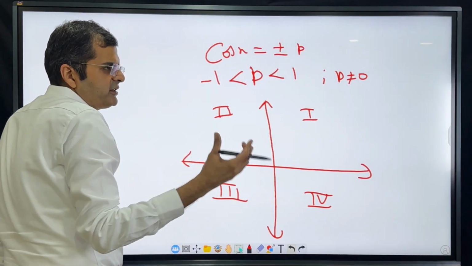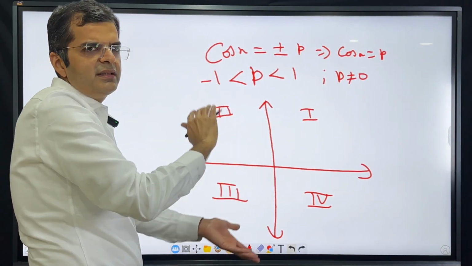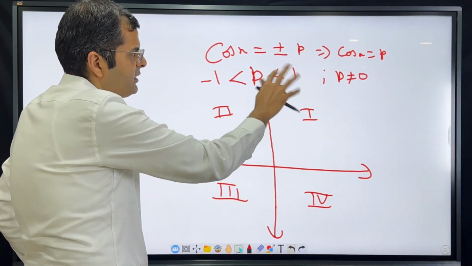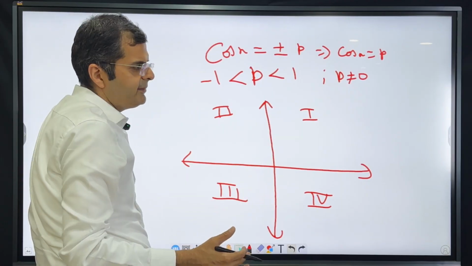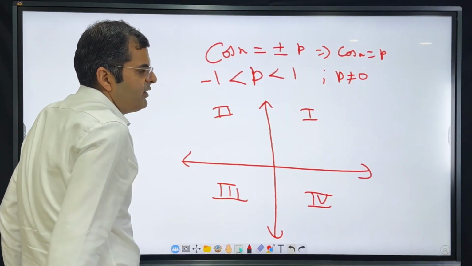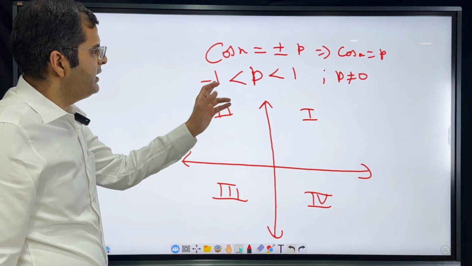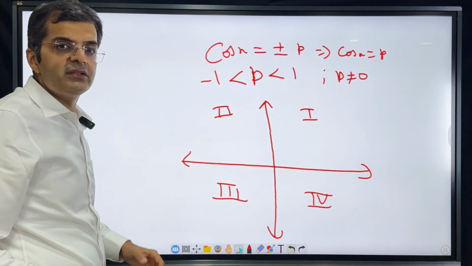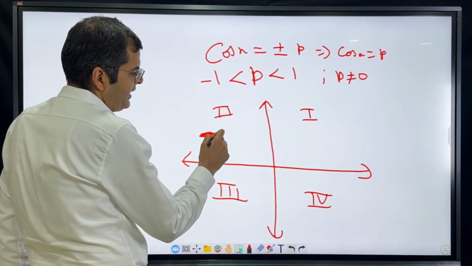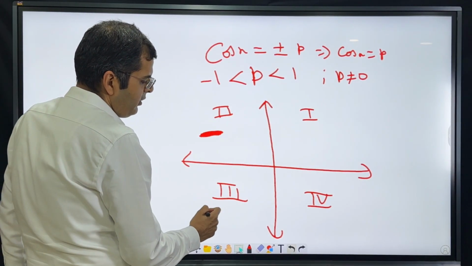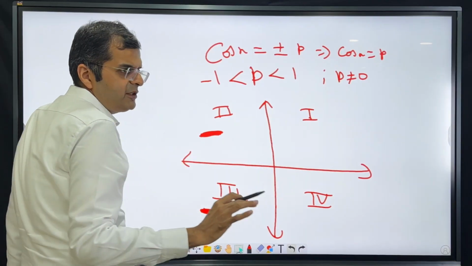So if p is positive, let's say I'm taking the case cos x is equal to p. Same if it is negative p, you will get the same values for x just in different quadrants. So when cos x is some given value p, which is a constant, if the constant lies between minus 1 and 0, that means the constant is negative, so the angle lies in the second or third quadrant, because in the first or fourth quadrant cos is positive.